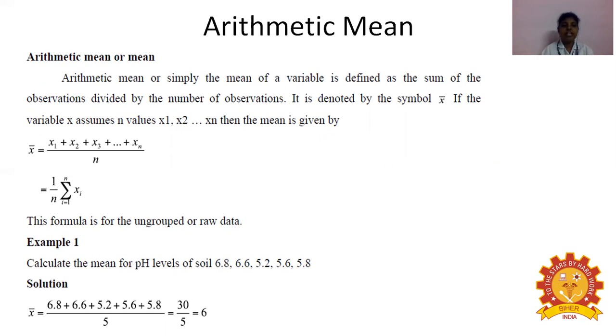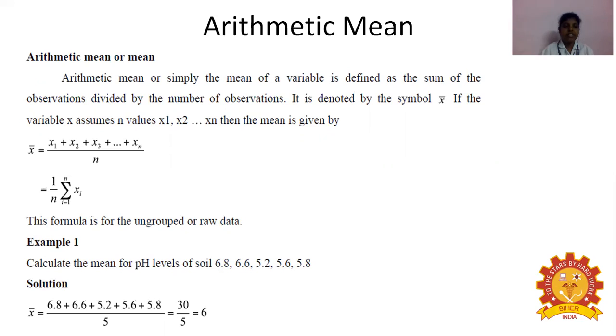If the variable x assumes n values, that is x1, x2 up to xn, then the mean is given by x bar equal to x1 plus x2 plus x3 up to xn divided by n.